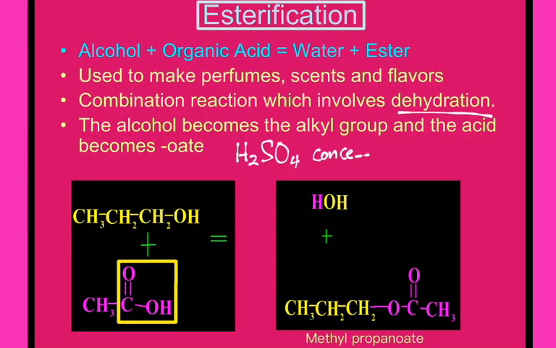So this is one. That is supposed to be meth. You're going to call it methanoic acid. So it's going to be methyl. And then prop, how many? It's 3. 1, 2, 3. Methyl propanoate. Now wait a minute.